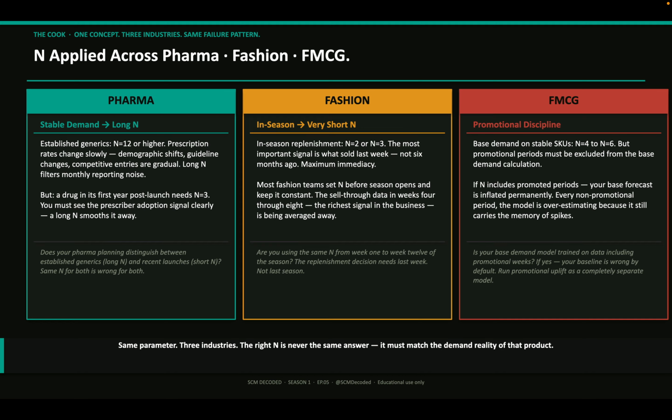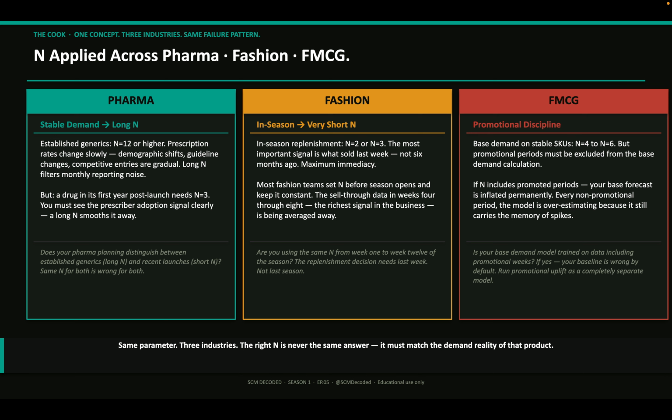Most fashion planning teams configure the parameter before the season opens and leave it fixed throughout. The sell through data generated in the mid season window, the most valuable demand signal in the entire business, is being partly averaged away by an N calibrated for pre season uncertainty. The in season signal is being treated with the same caution as pre season guesswork.